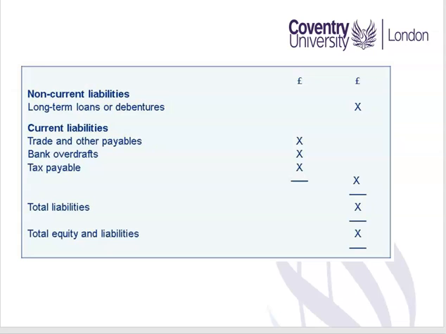When you add that to equity, you have the figure of total equity and liabilities, which will be equivalent to total assets. So that's basically the format of the statement of financial position, which I believe most of you are probably familiar with, but you need to familiarize yourself with it, and we're going to practice some questions using this format.